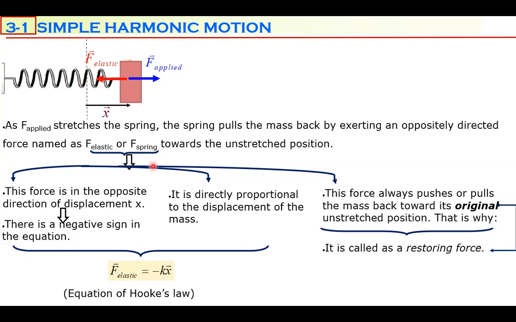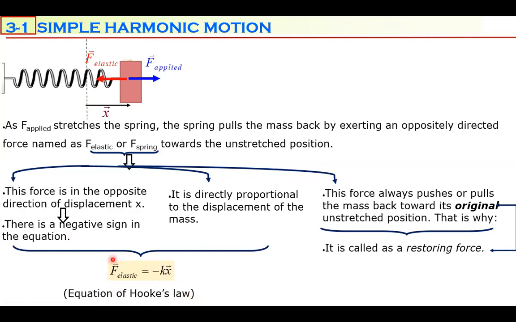This force is in the opposite direction of the displacement. Yes, displacement is to the right, but the elastic force, or another name is spring force, is to the left. For that reason, in the equation there is a negative sign: F elastic is equal to negative kx. This negative indicates that the elastic force and displacement are opposite in direction. And this equation is known as Hooke's law.